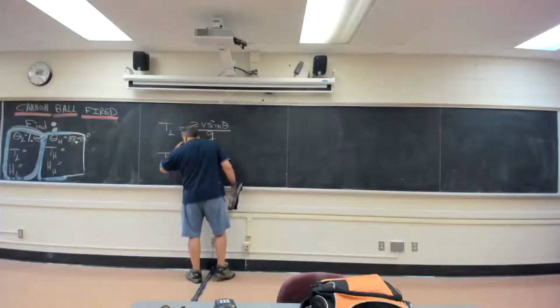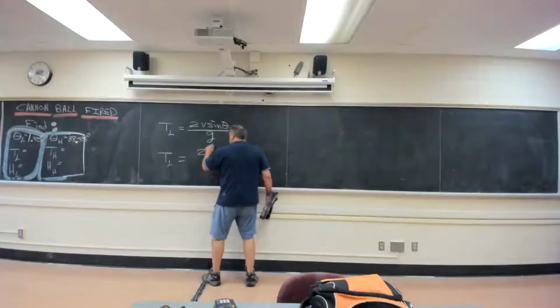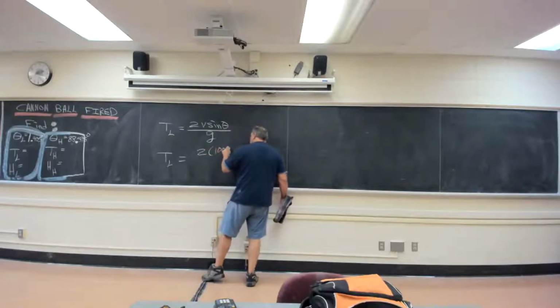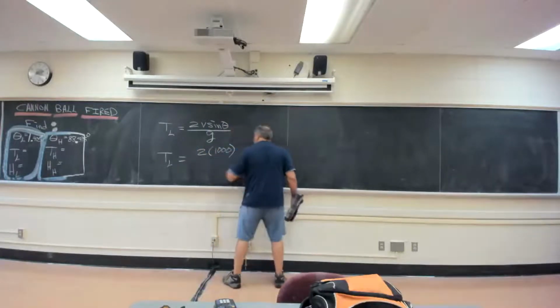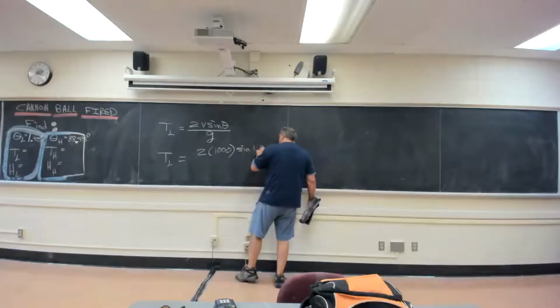It just can't be a big number because the angle ain't big. You've got 2, v is 1,000. The sine of 1.405 degrees is this.